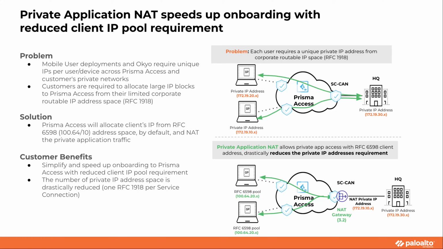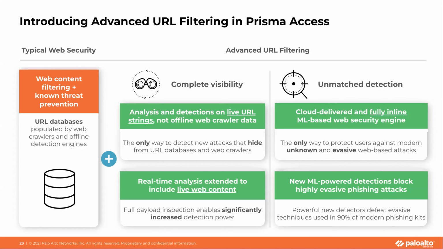Next, we're going to talk about advanced URL filtering. This is one of those innovation features that we're bringing to market. The reason we can innovate is that we are leveraging a lot of the investments of PanOS as part of this update. With our 3.2 innovation and advanced URL filtering, we are augmenting the existing URL database with some advanced capabilities.